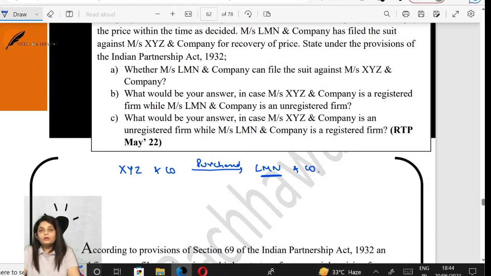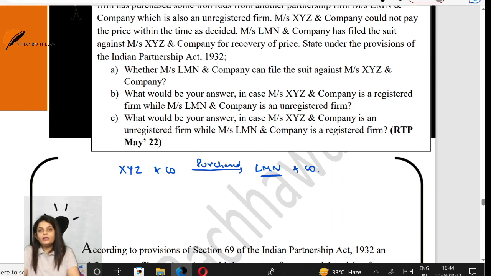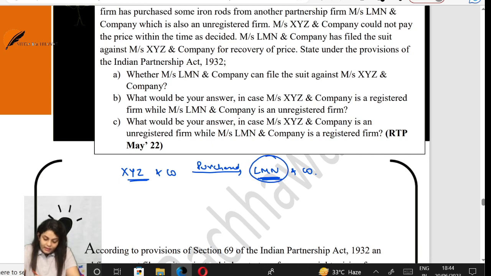No. The partnership firm can file a case only when the firm is registered. Here, LMN is not registered. XYZ need not be registered. The firm filing the case has to be registered. Since LMN and Company is not registered, they cannot file a case against XYZ.